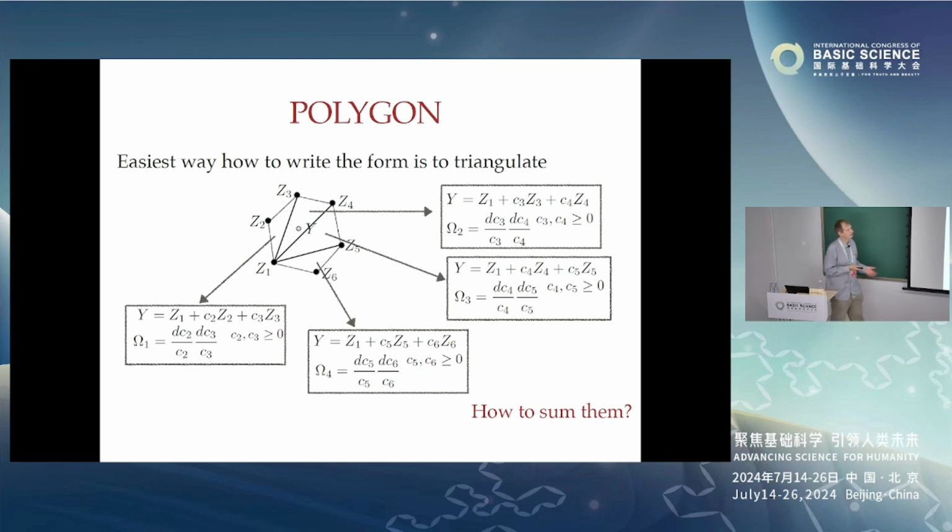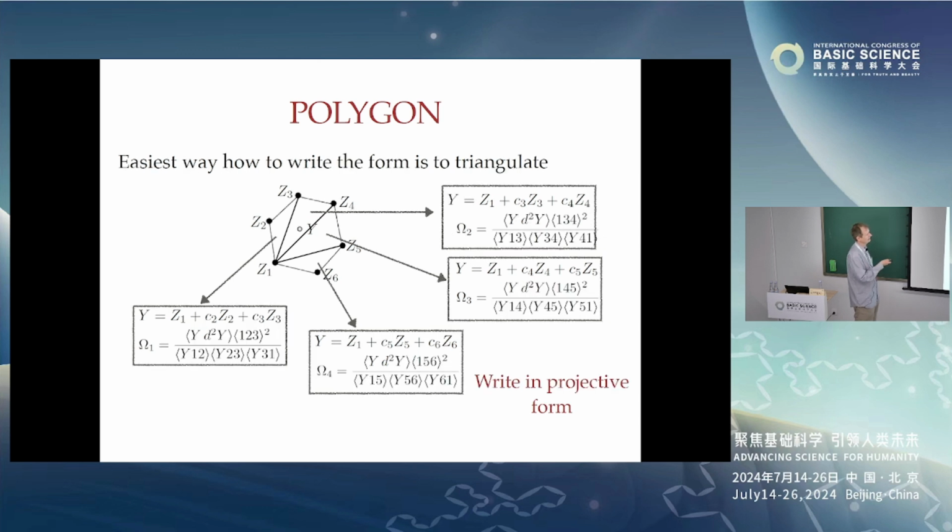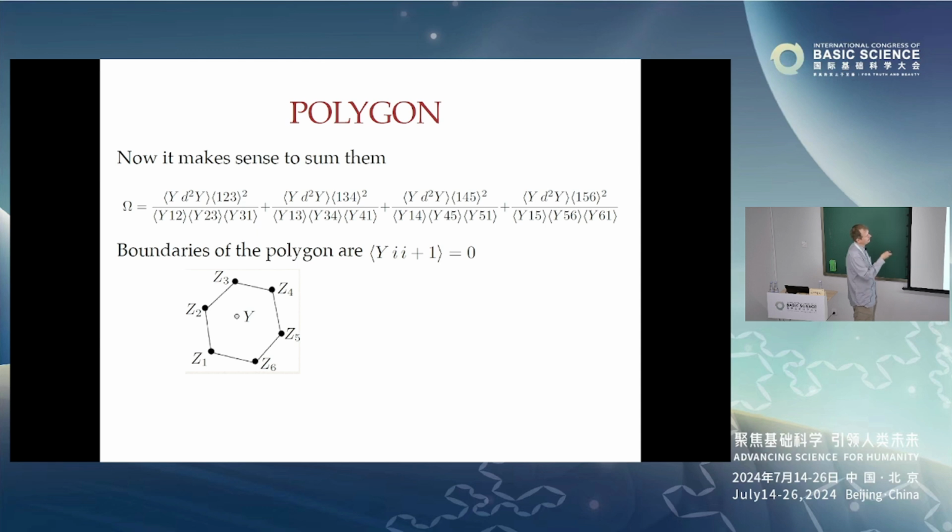Now, in order to find the differential form, we have to triangulate. So we have to divide the polygon into triangles. And then we write a differential form for each triangle separately, which we already know how to do from the previous example, and we sum them all together. Sum all the forms corresponding to triangles. Now, this is a perfectly good way to write the form.